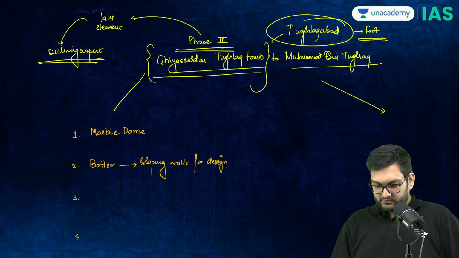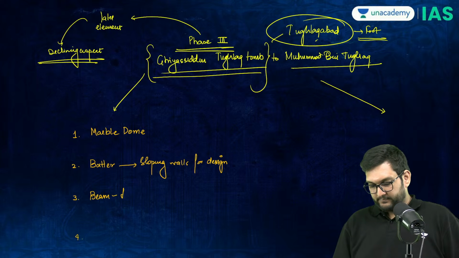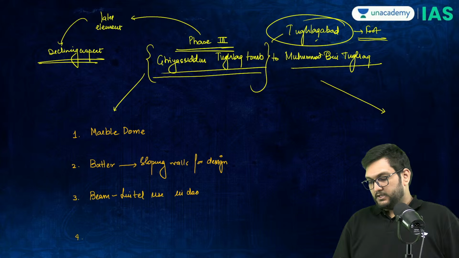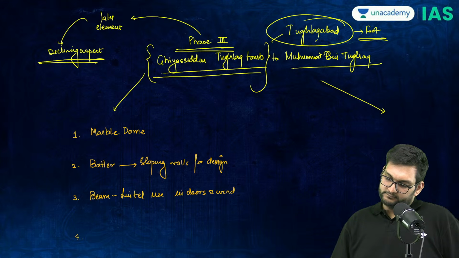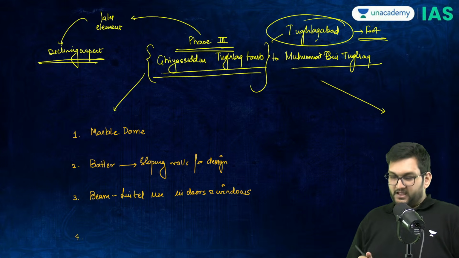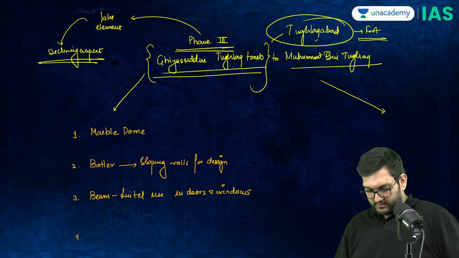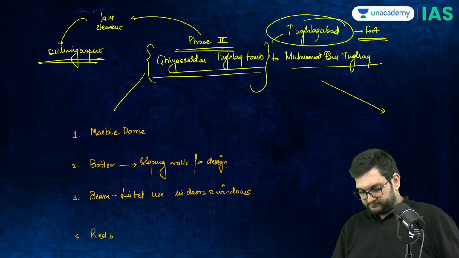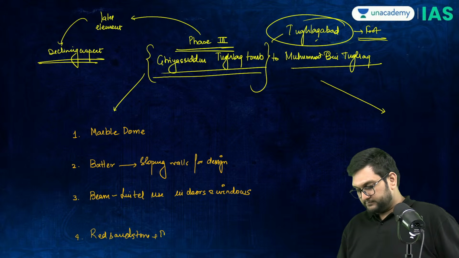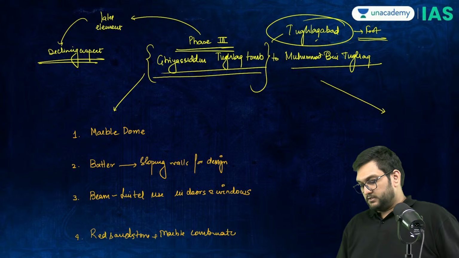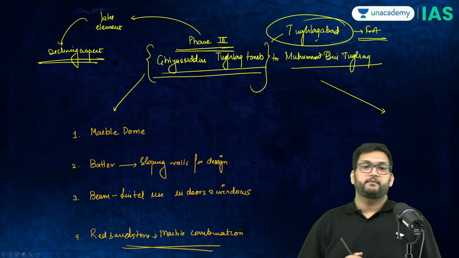Third is beam and lintel, used in doors and windows. And the fourth element is that they created a red sandstone plus marble combination in a very beautiful way.